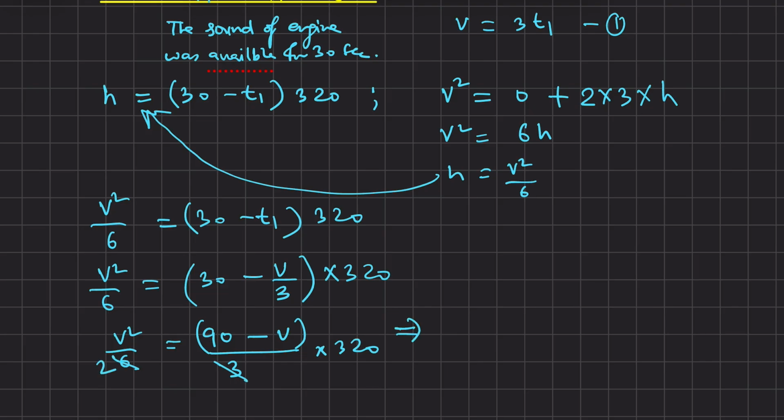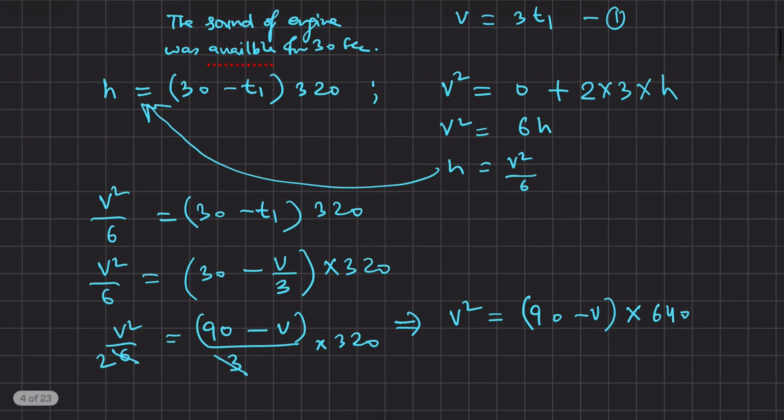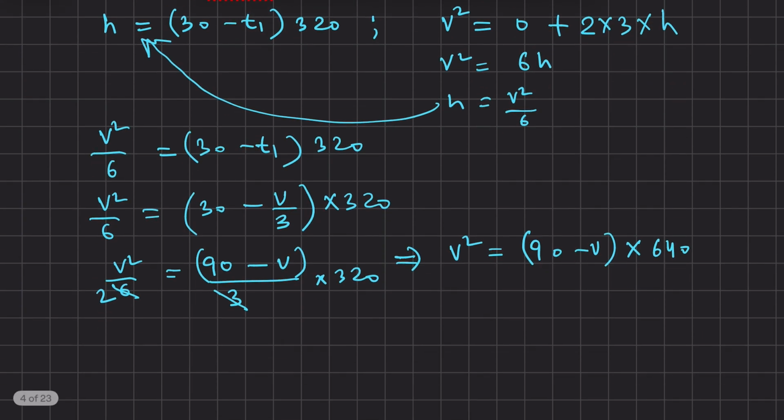It will lead us to v square is equal to 90 minus v into 640. So this will become v square plus 640v minus 57,600 is equal to 0.